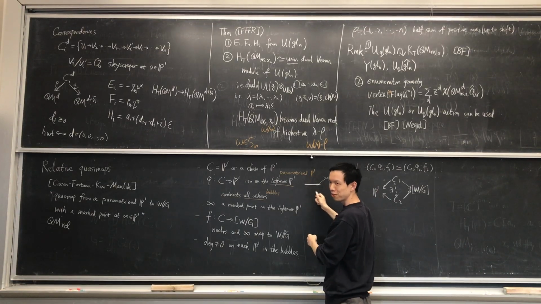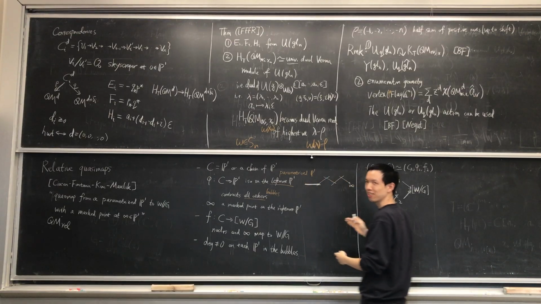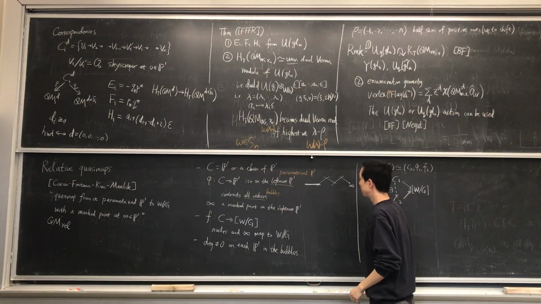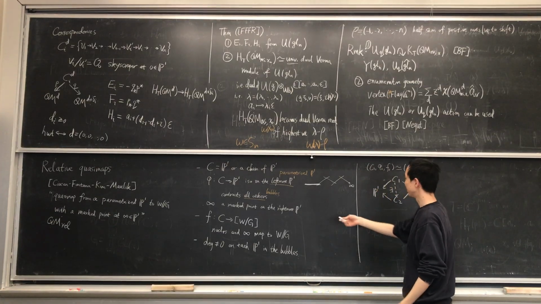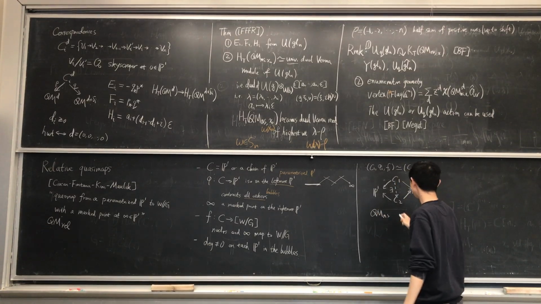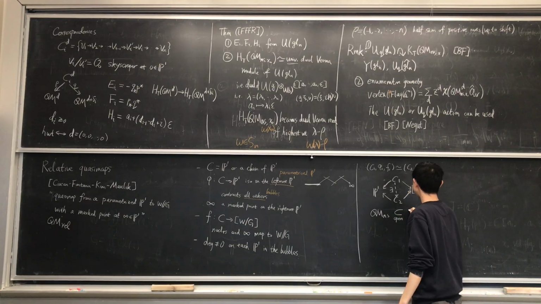But for this parameterized P1, if you multiply it by an element in C star, that's considered a different map. And of course, you can see that the non-singular quasimaps we discussed earlier are an open subset inside relative quasimaps.